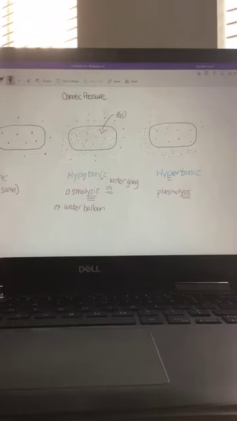In plasmolysis, we see a high concentration of solute outside of the cell, which means that water has to leave the cell to reach equilibrium. If the water leaves the cell, then the plasma membrane will shrink.